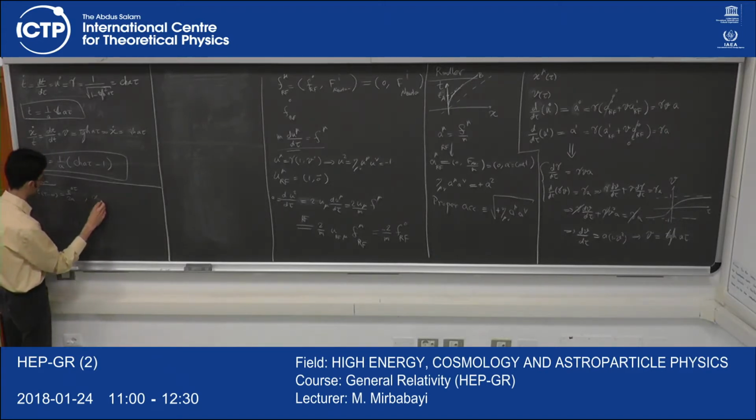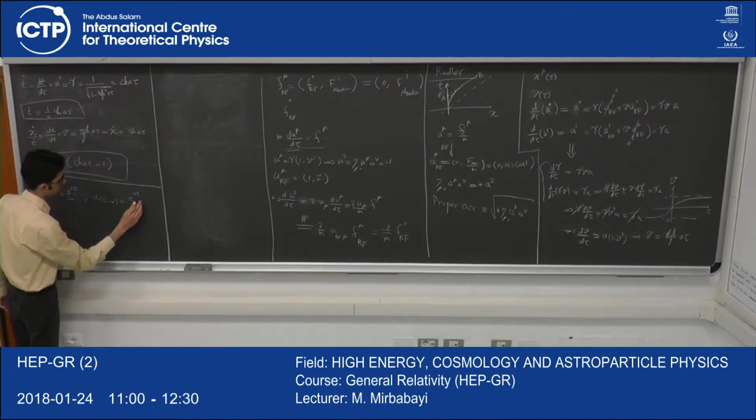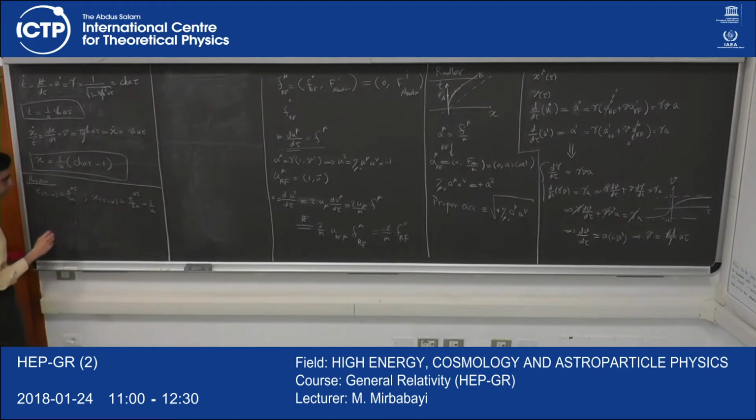And x will go as e to the a tau over 2a minus 1/a.